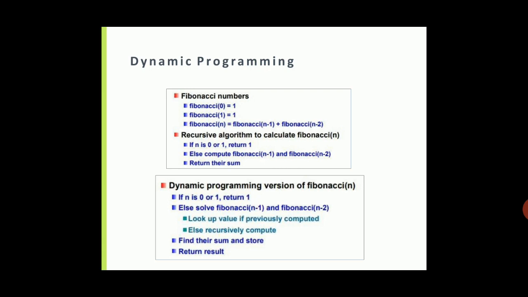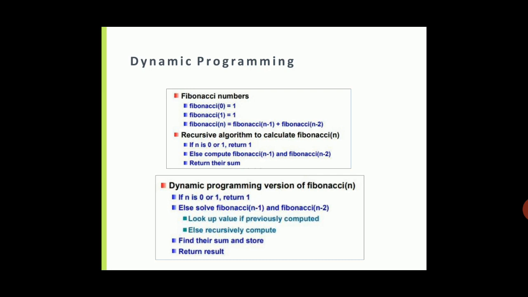If n is 0 or 1, return the value 1; else compute Fibonacci of n minus 1 and Fibonacci of n minus 2 and return the sum. This is the recursive way of finding the Fibonacci number.